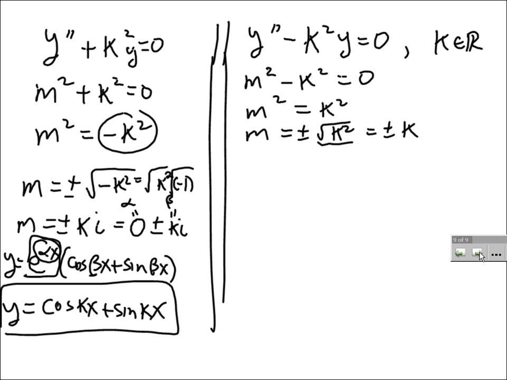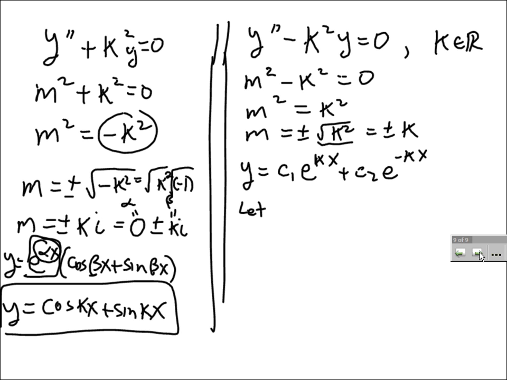Now we have our two solutions. So that's an easy one. y is equal to C1 e to the kx plus C2 e to the negative kx. And we have that. So now we can have a little fun with this.